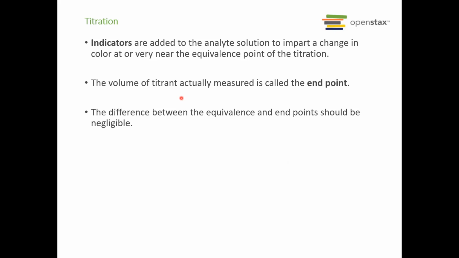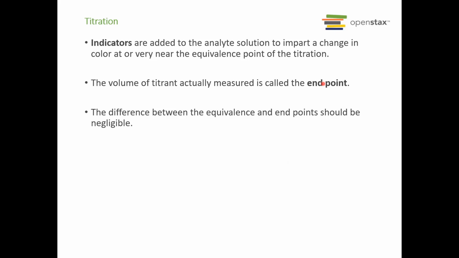And the endpoint just refers to when that indicator changes color. But just know that's different than the equivalence point. With the equivalence point, we're going to have an equal amount of acid and base. Generally they're very, very close, but they are going to be different. The endpoint is where the indicator changes.